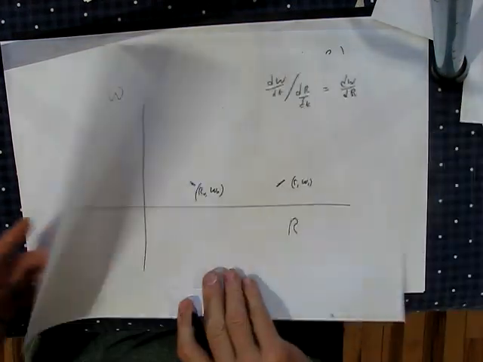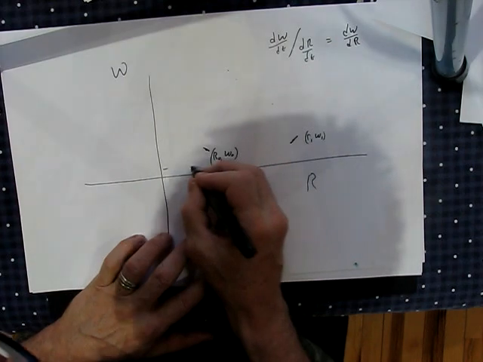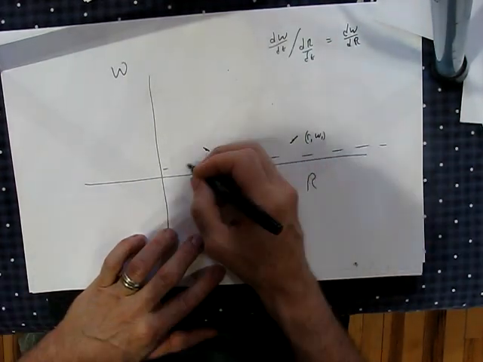So now I'm going to return to this one. It turns out a very common predator-prey model looks like this. Lots of direction lines in this thing.